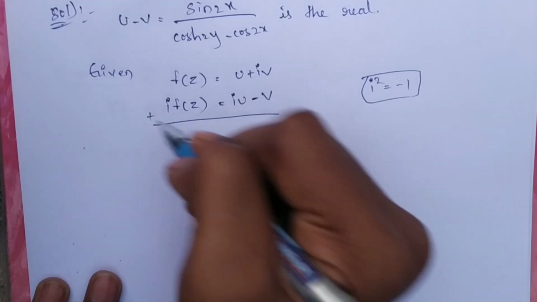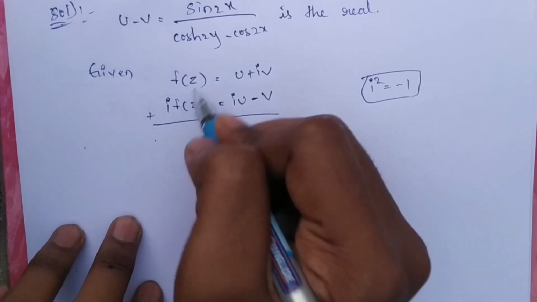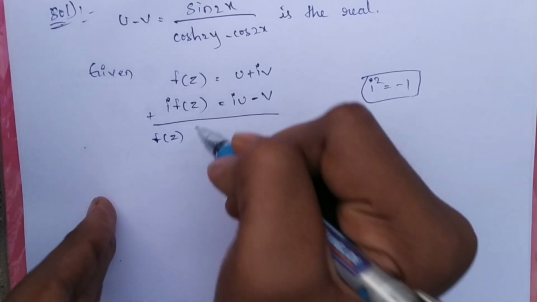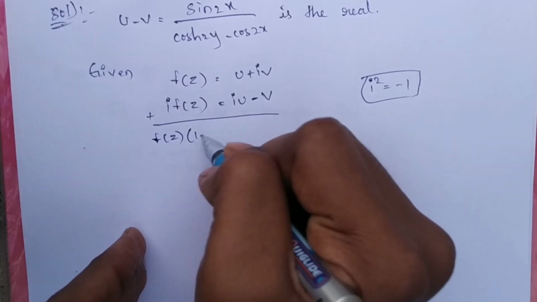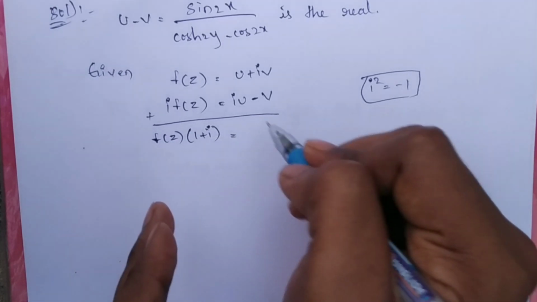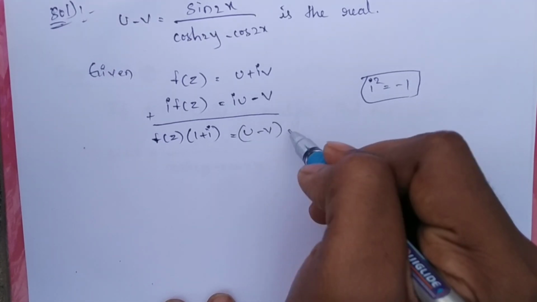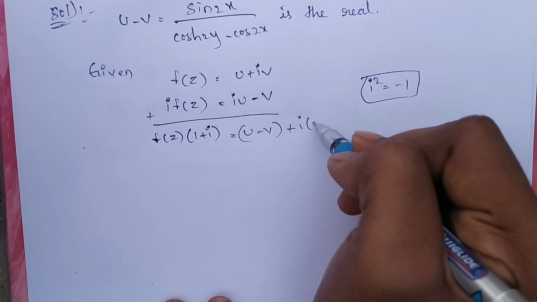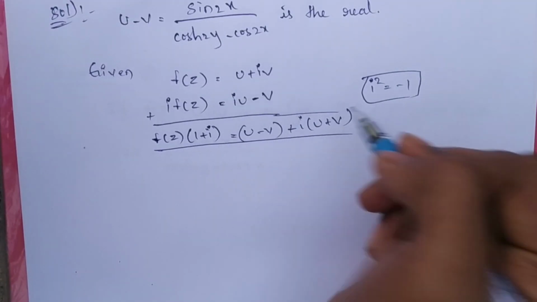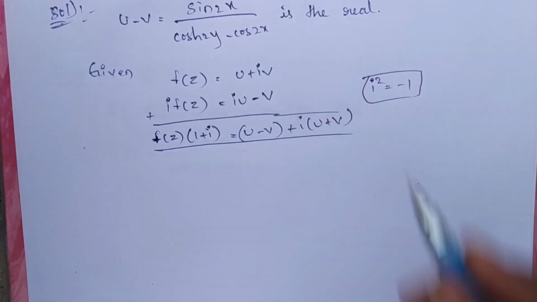If we add both equations and take the common factor, from the left hand side we take f of z common, it becomes f of z into 1 plus i, and on the right side we separate the real part and the imaginary part: u minus v plus i into u plus v. This is the answer we get after simplifying the addition of both equations.